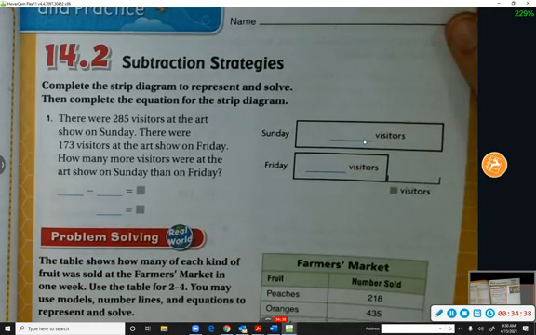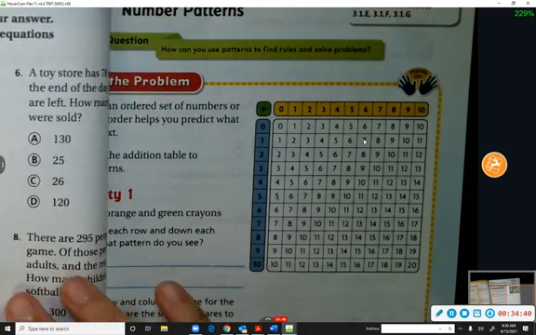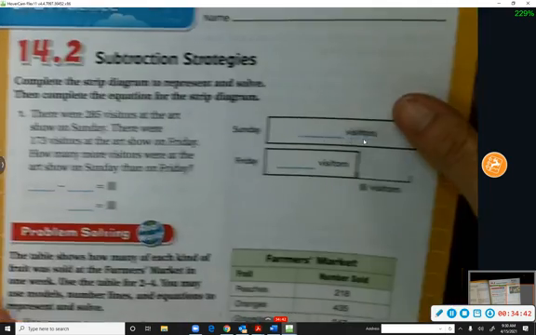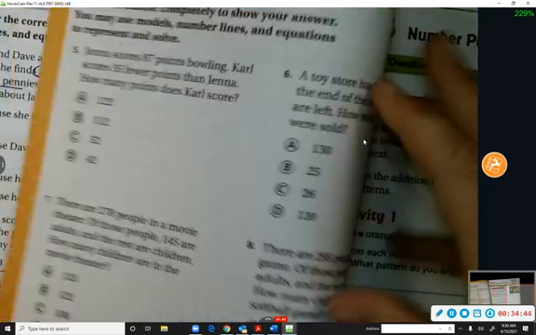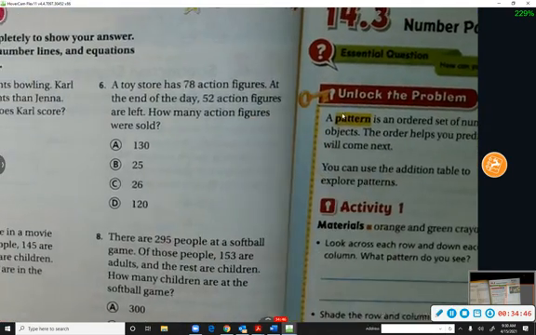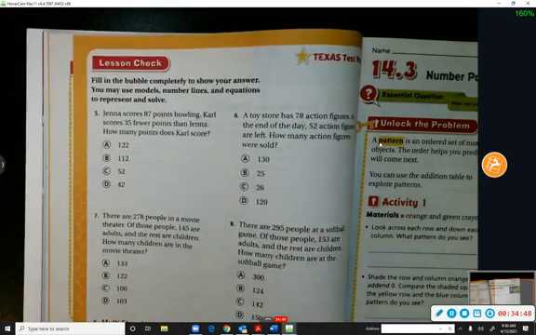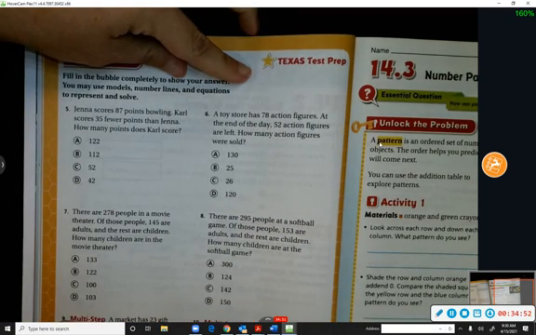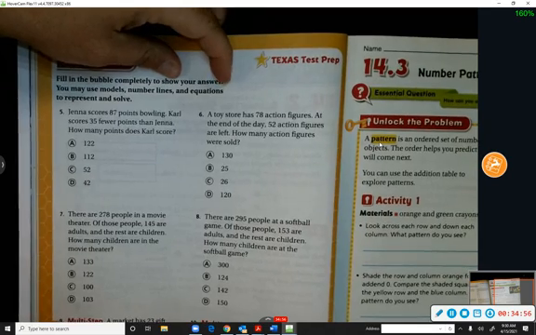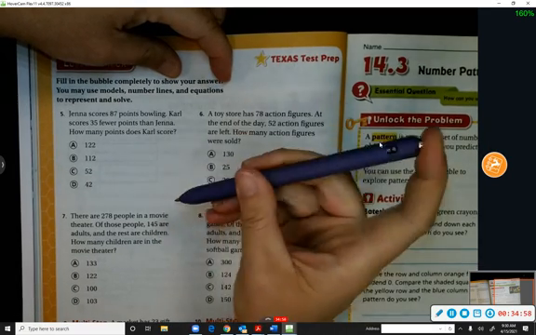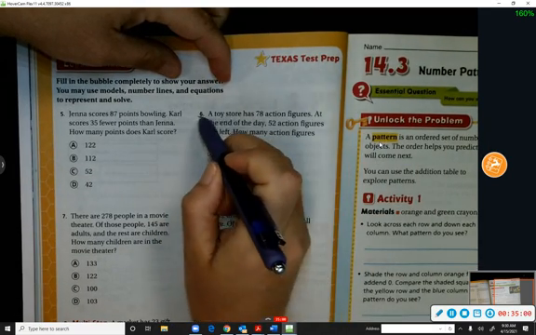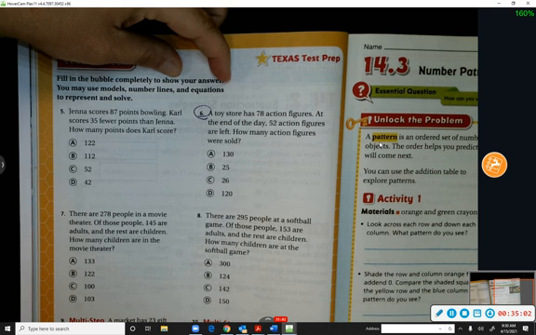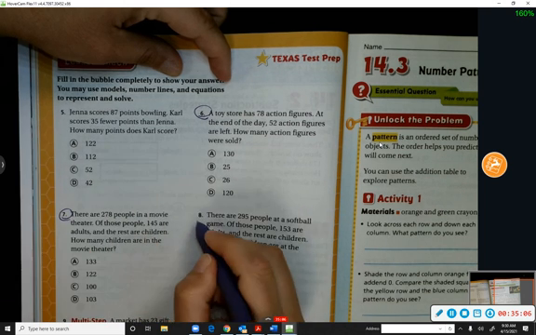So page 441, 442 is what we're working on. On the back, I want you guys to do a strip diagram for 6, 7, and 8.